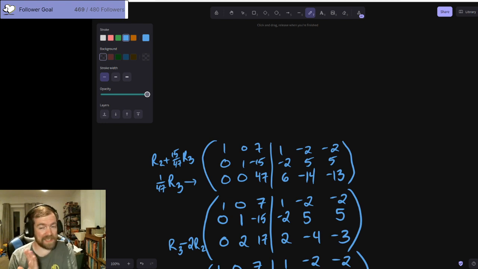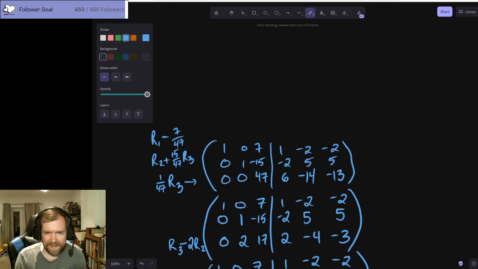As it stands now, it's going to be perfect. All right, and then we're going to take row 1 and subtract 7/47 of row 3.